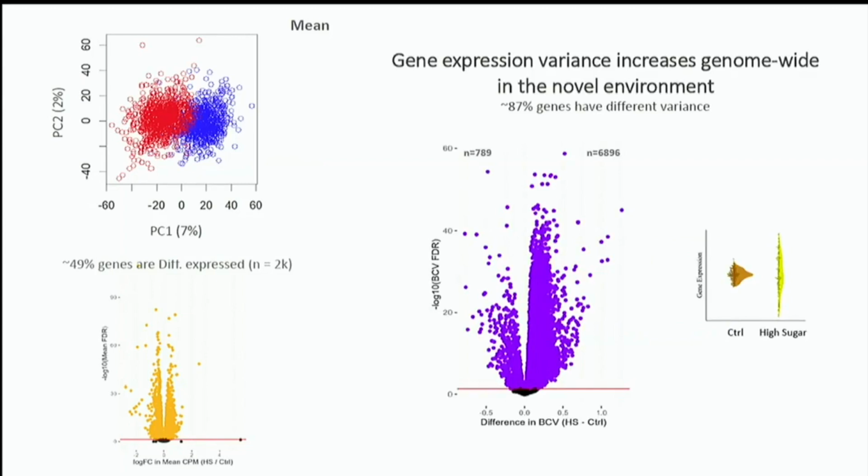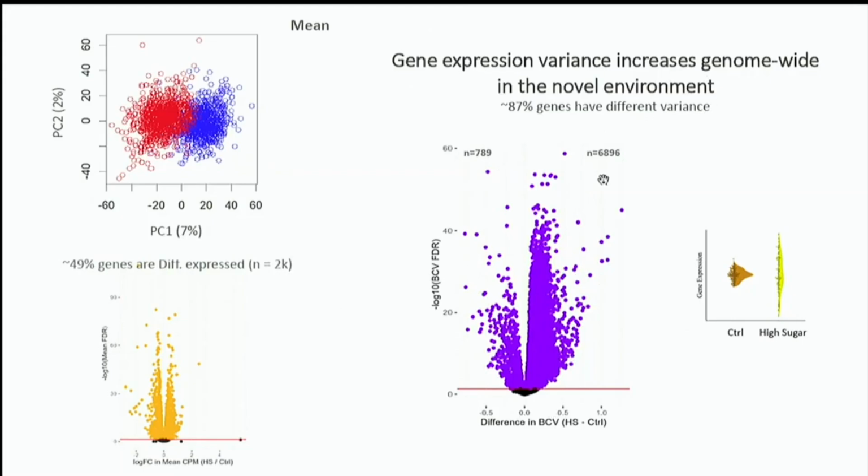These are the results for differential variance between control and high sugar. So the genes to the right increase variance in high sugar, and the genes to the left decrease variance in high sugar. The first message that you should get here is that gene expression variance increases genome-wide in the novel environment.